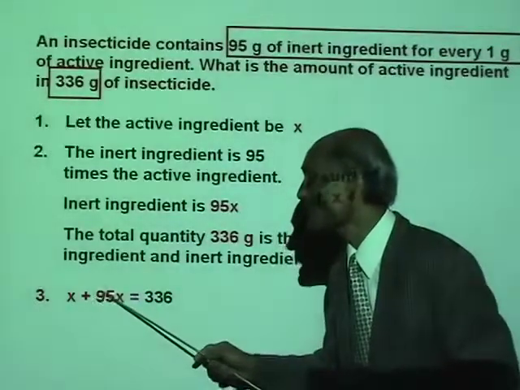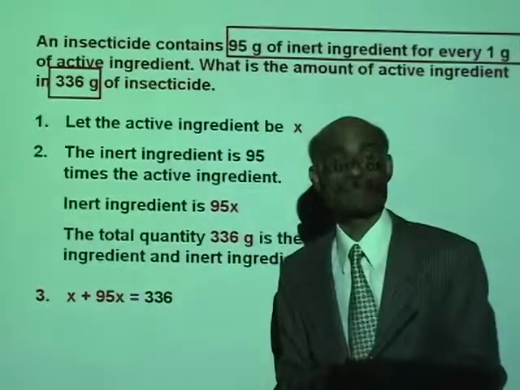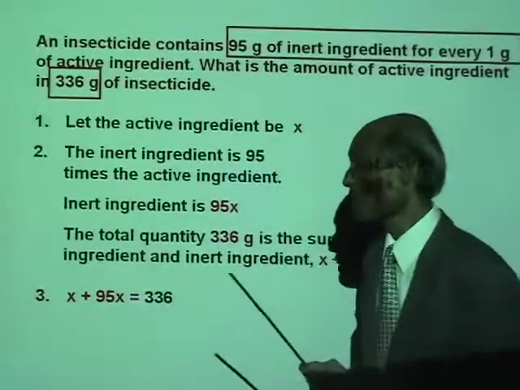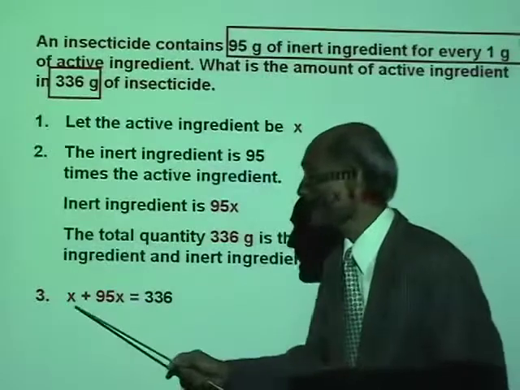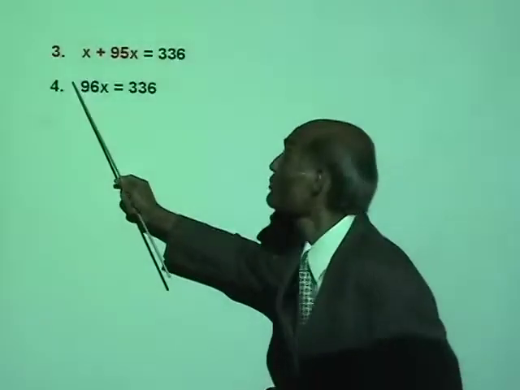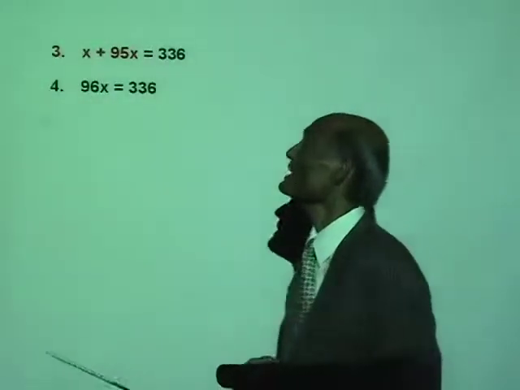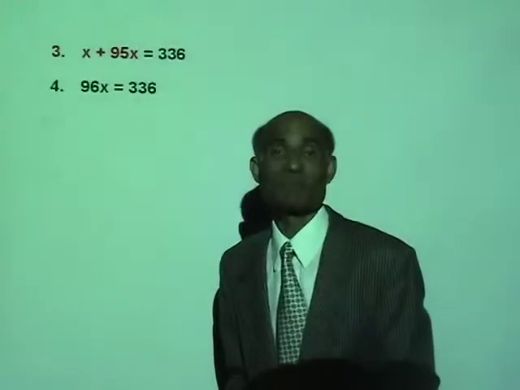X plus 95X equal to 336. Well, we can solve that now easily. X plus 95X is 96X. 96X equal to 336. What do you do now?